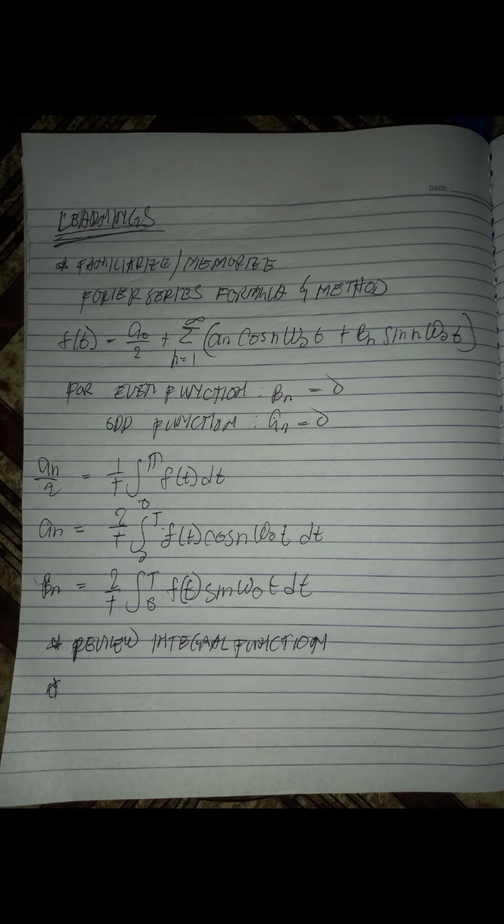We have even functions and odd functions, and also a0/2 is equal to 1/T integral of f(t) dt to the limit of 0 to π. This is the formula that we have to familiarize. And the last very important learning is that we have to review the integration of functions.